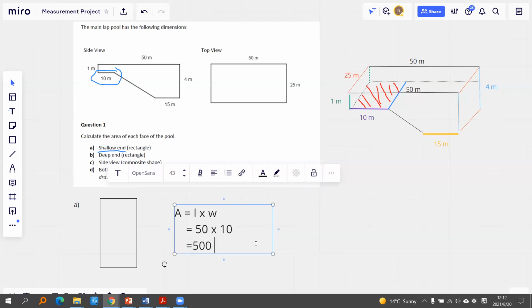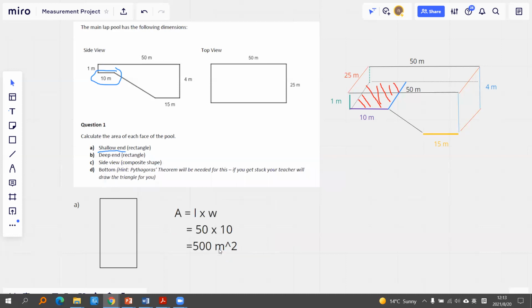For units, remember it's meters, but we need the power of 2 because it's area, so it's meters squared. It's hard for me to type a square here, so in a Word document, this symbol means square. So this means 500 meters squared.